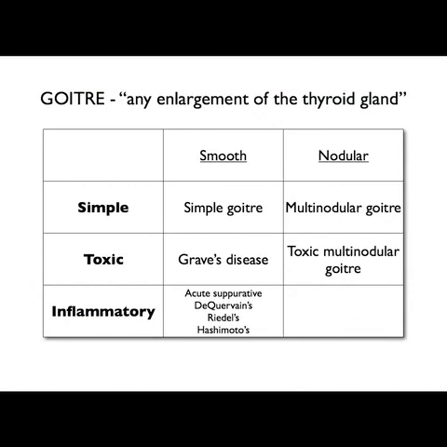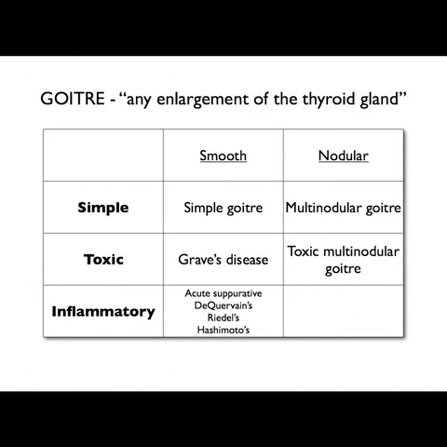If it's toxic and smooth, then it's most probably Graves' disease, whereas if it's toxic and nodular, it's a toxic multinodular goiter. This is usually due to a multinodular goiter having developed a hot node that secretes an excess of thyroxine, leading to a toxic status. So you'd see it on your radioisotope scan, your technetium-99 scan.